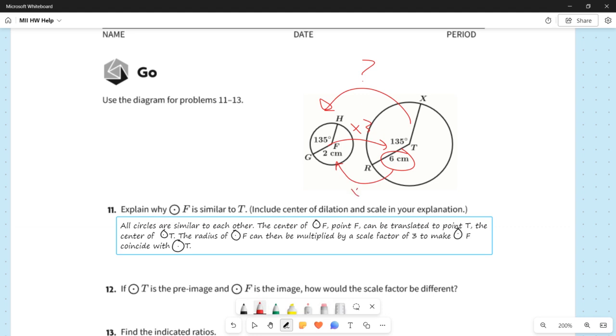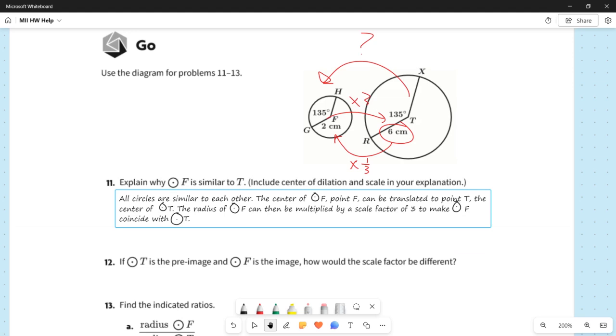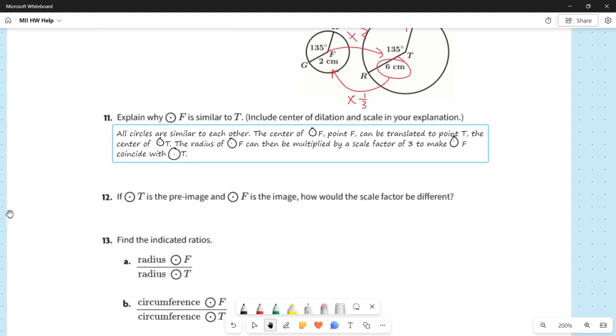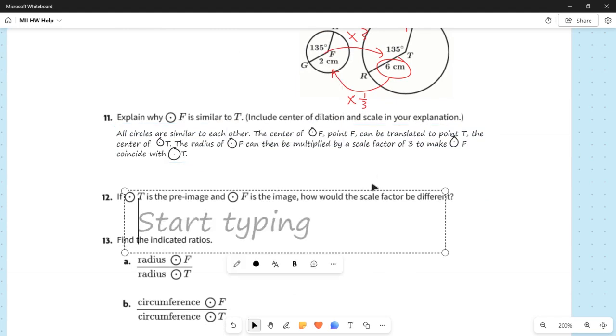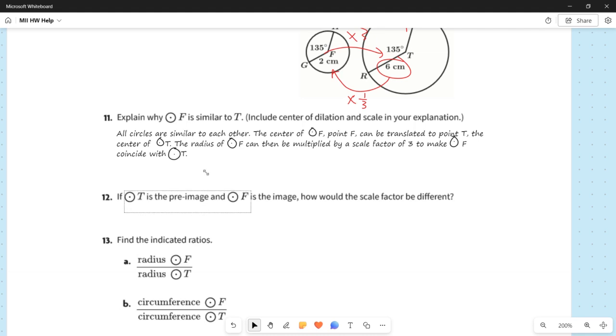Well, dividing by 3 is the same thing as multiplying by 1/3. So what we can say here for 12 is, get my text box up here so I don't subject you guys to my handwriting, which on the rig is really bad.